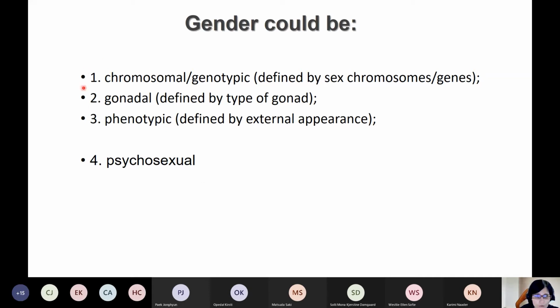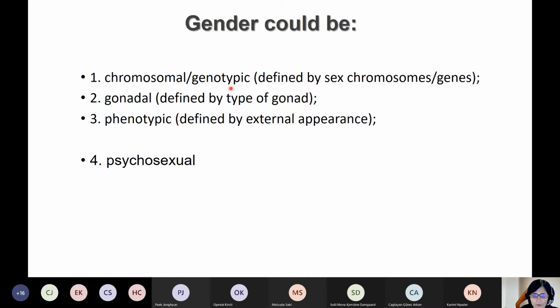We focus on these three types of gender. Chromosomal gender means which sex chromosomes are found in the cells of the individual.